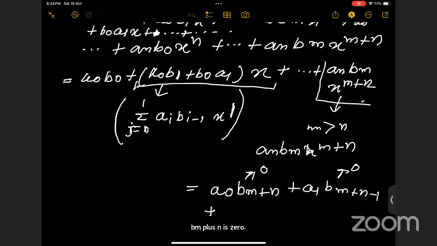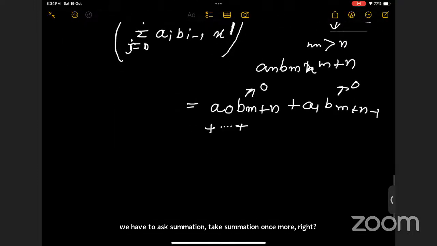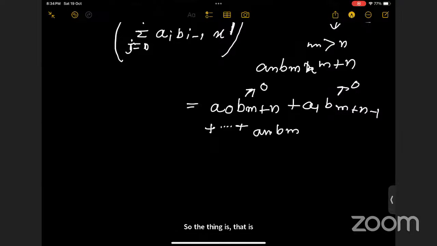Then we have to take summation once more, right? That is how we are getting the similarities between all the monomials, right?